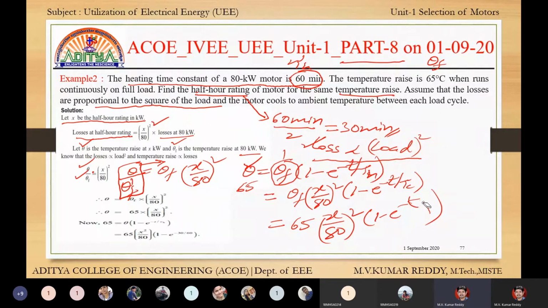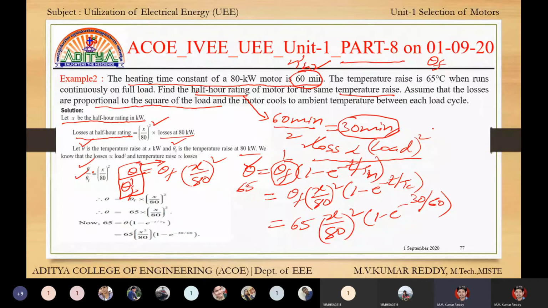He asked for 30 minutes, and tau h is 60, so t by tau h is 30 by 60.